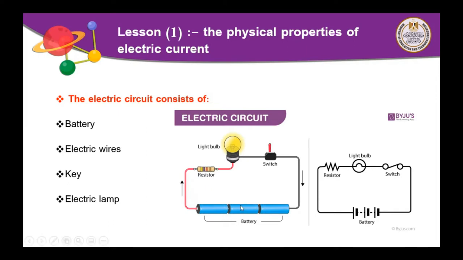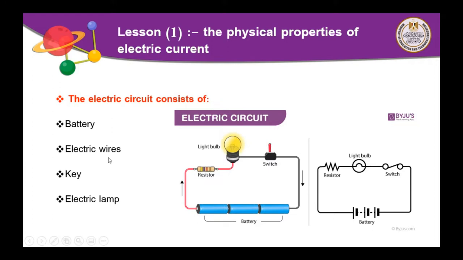This electric circuit consists of 3 cells, so they are called a battery. Number 1, what is the function of the battery in the electric circuit? The battery is a source of electricity, so it is very important to generate or produce electric energy, which we can use to light the electric lamp as shown in the figure.